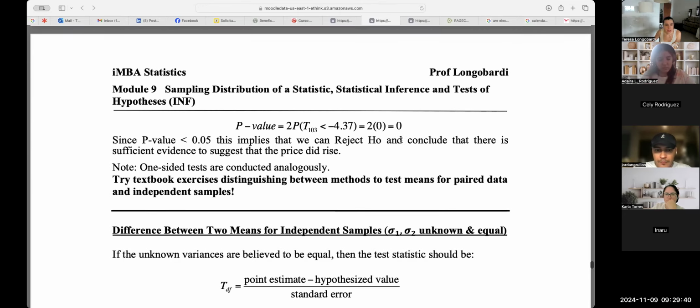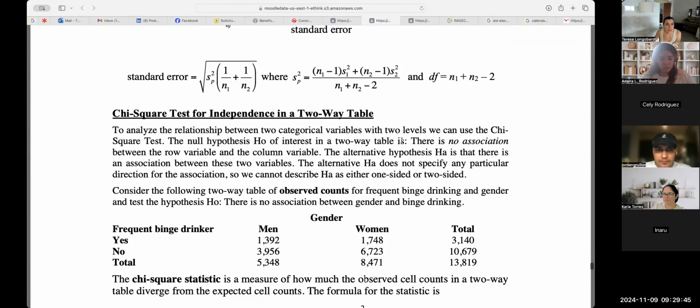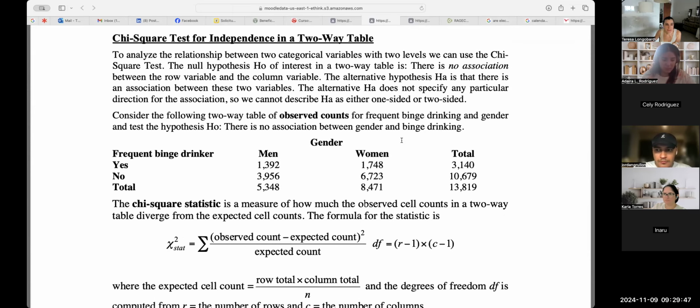It's just a summary. And the last thing I have here is regarding the chi-square test, and that's very interesting. You see this a lot in the news, or if you read research, you want to know if, for instance, this variable, gender, varies for some behavior.